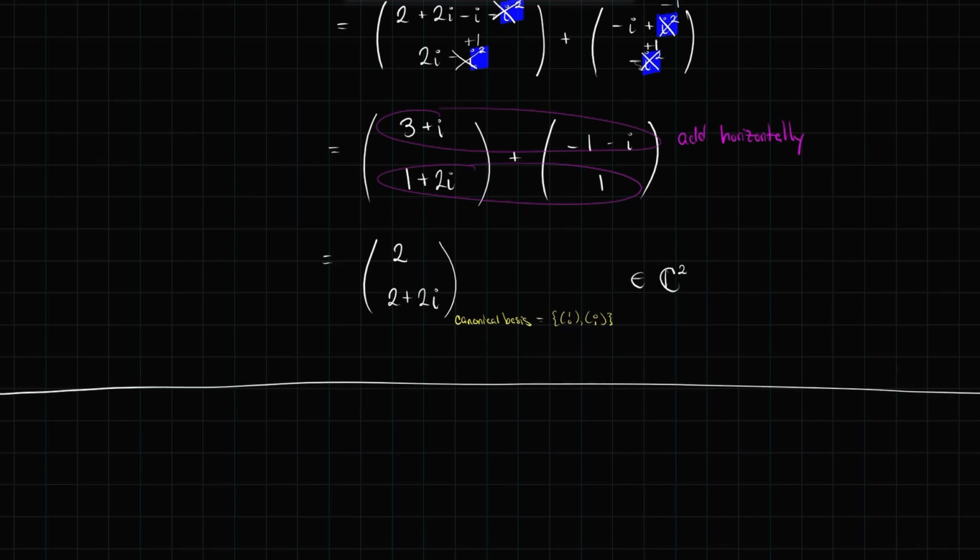Let's do another nice example, maybe in another function space. This is going to be pretty cool. So what are we going to have here? I'm going to say find the vector representation of cosine 2 theta, which is an element of the vector space, which is the span of cosine squared theta and sine squared theta.